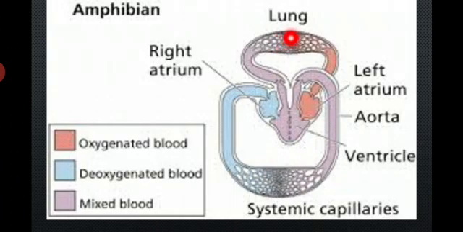Double loop system can be seen in the circulatory system of a frog, which means that the blood goes back to the heart 2 times before the blood goes through the whole system of the frog's body. Are we clear?